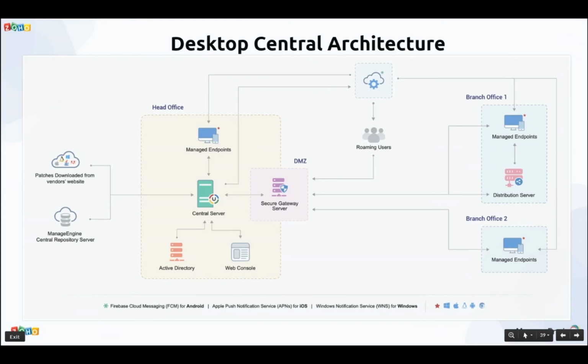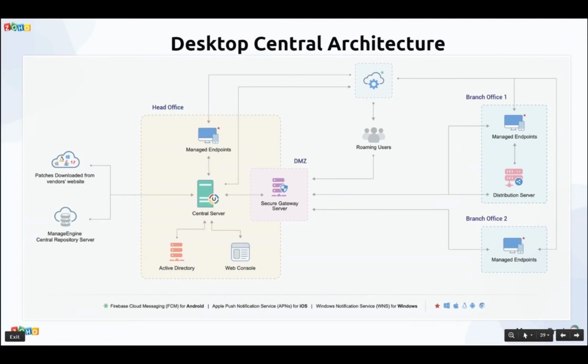What facilitates this internet communication is what you're seeing here as the secure gateway server. This is a small component that you install on a Windows machine and place in your DMZ. The secure gateway server helps you manage the computers that are outside your network. Because it is in the DMZ, it can be securely hosted on the internet.